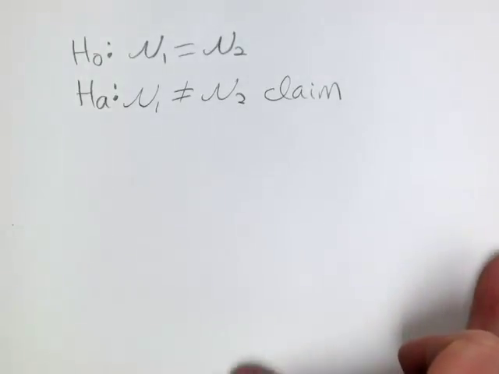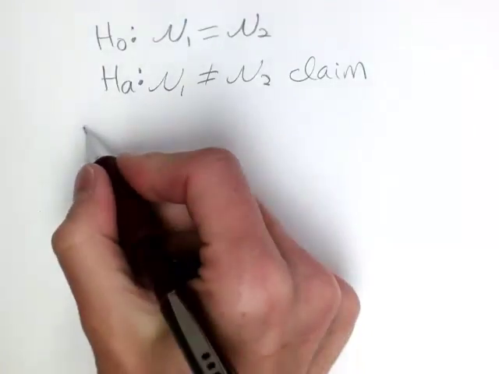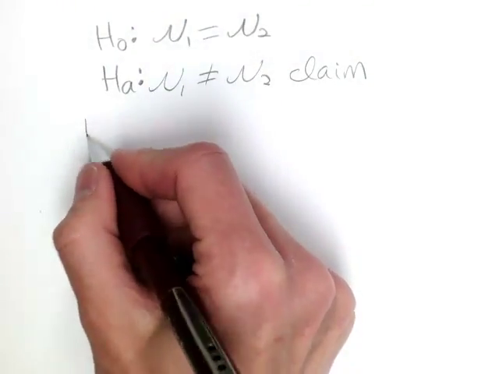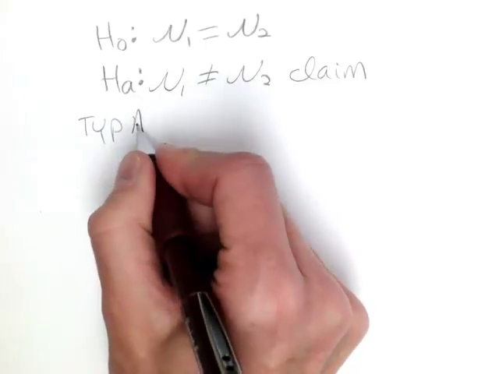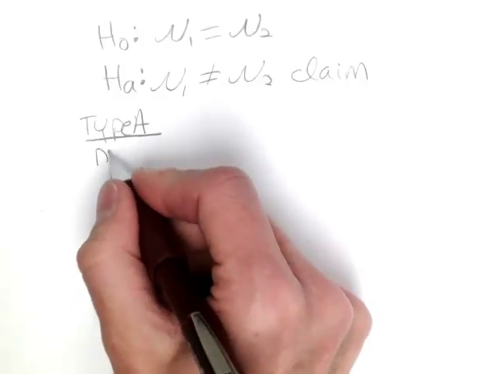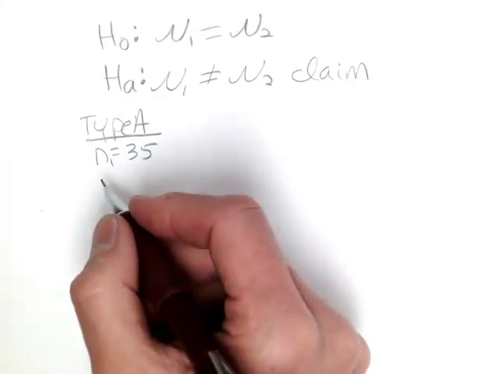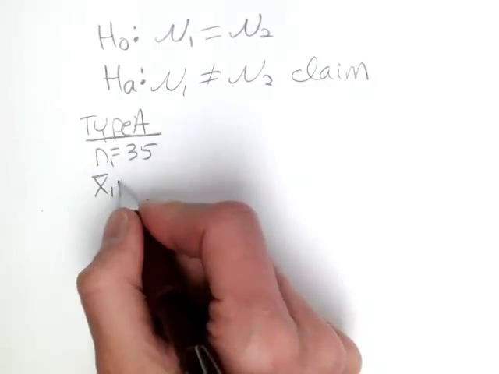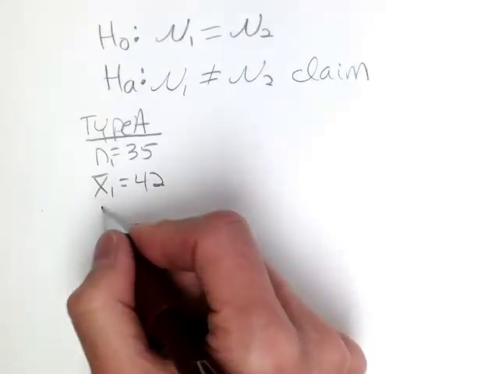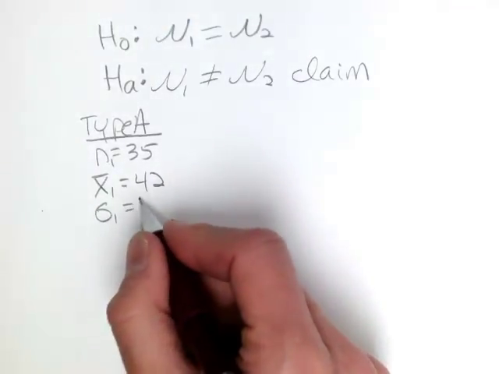Okay, so let's go ahead and summarize the information, because that's going to be easier for us to identify the pieces. We've got two types of tires. Type A: the sample size was 35, the sample mean was 42 feet, and we're assuming the population standard deviation is 4.7.